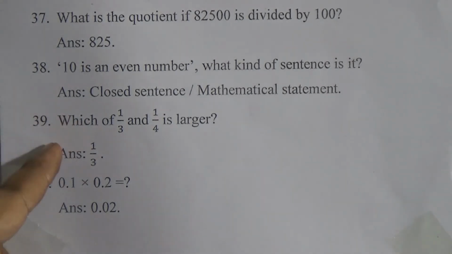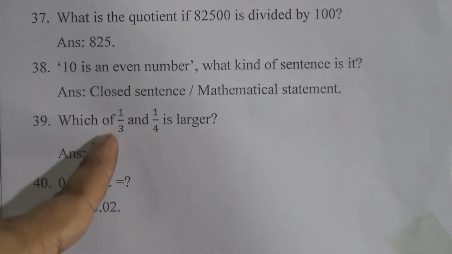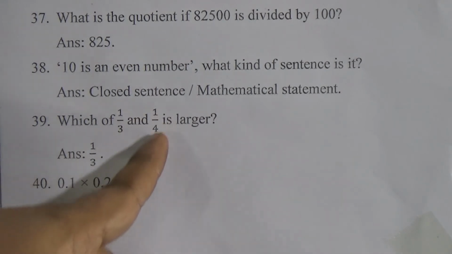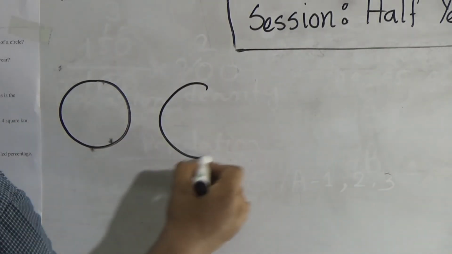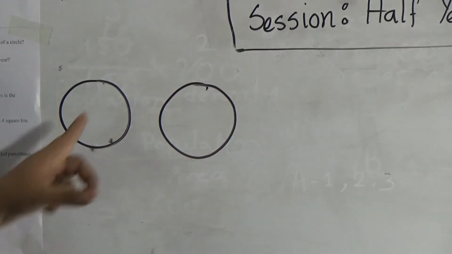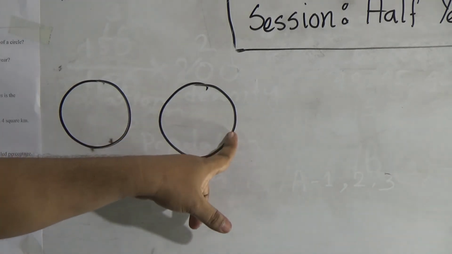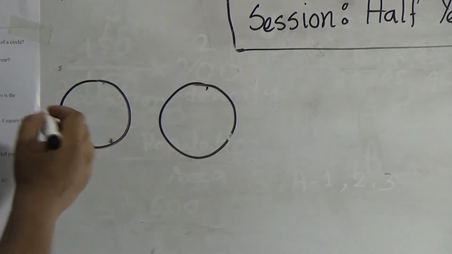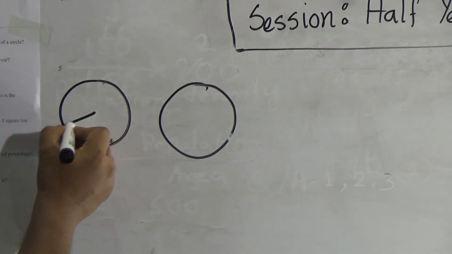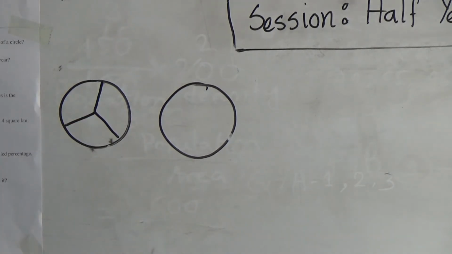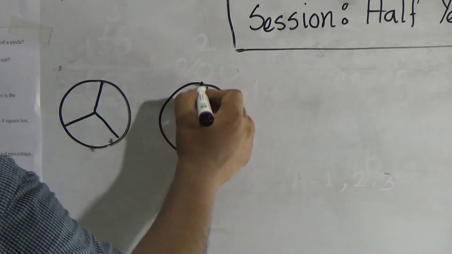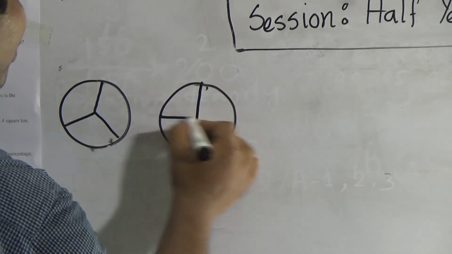Okay. 39 number question, which of 1 by 3 and 1 by 4 is larger? Dear student, please notice a figure. Same size, two circle. I consider this is one pizza and this is another pizza. So if I divide it into three parts, and if I divide this one into four parts.